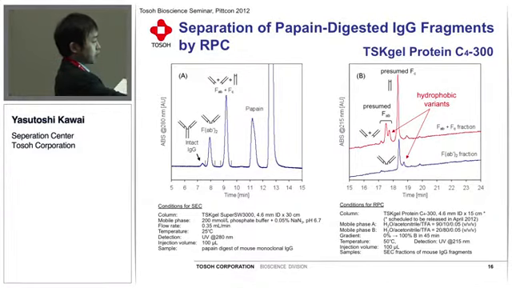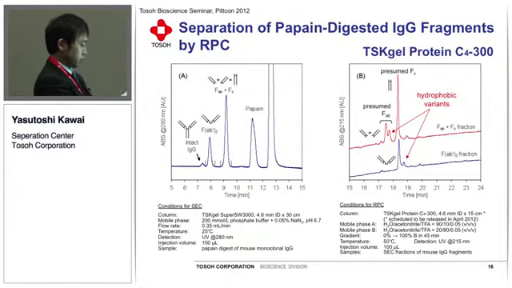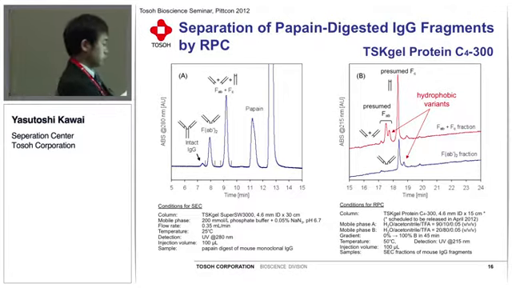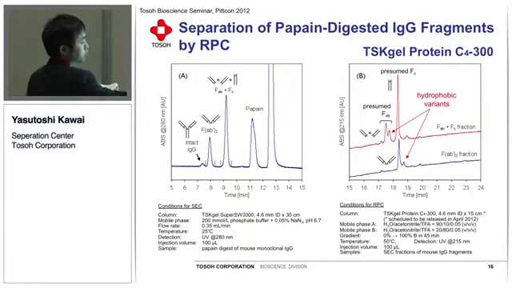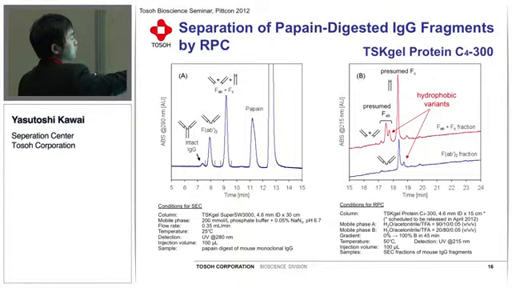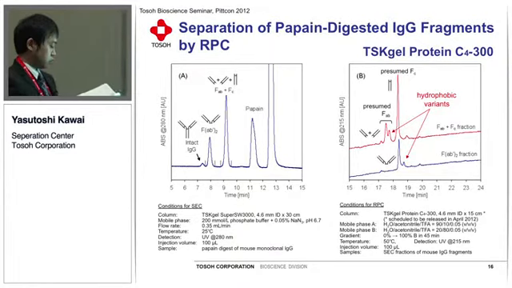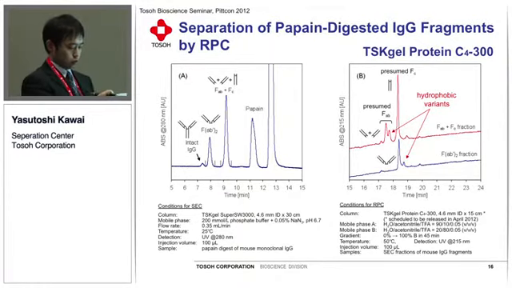The left figures illustrate the SEC, size exclusion separation. Here you find that intact form, partially digested form and completely digested form were separated on the basis of molecular sizes.